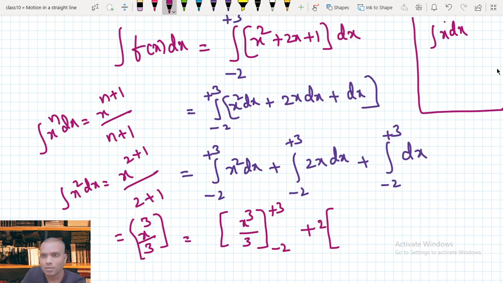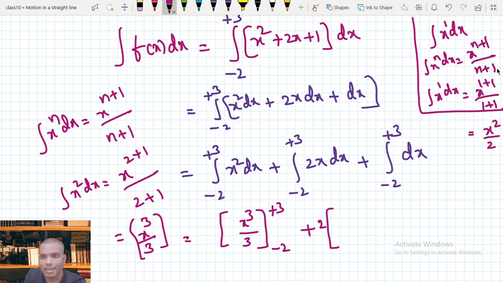Nothing is written, but we can imagine a power of 1. Now we can apply the same formula: integral x power n dx equals x power n plus 1 upon n plus 1. So integral x power 1 dx is equal to x power 1 plus 1 upon 1 plus 1, which is equal to x square by 2.